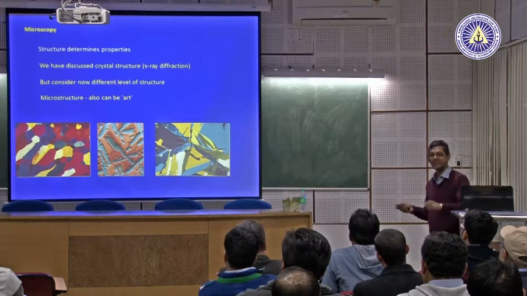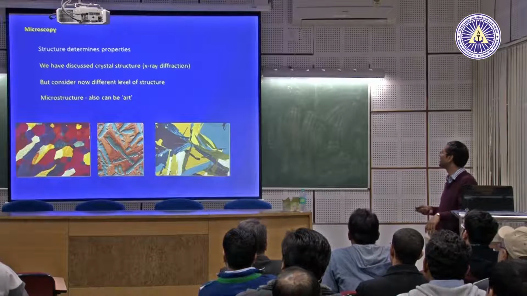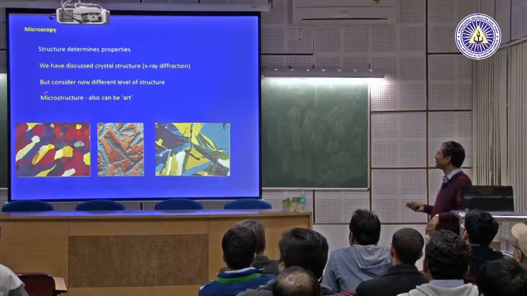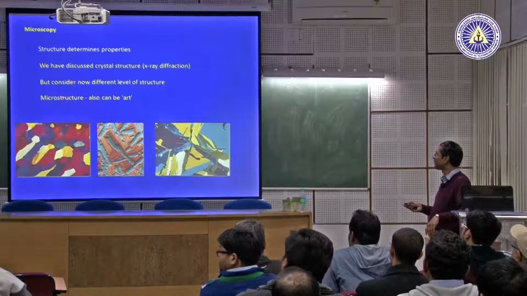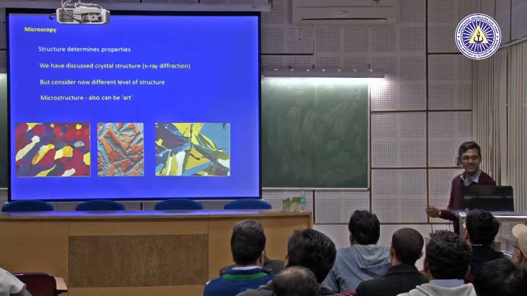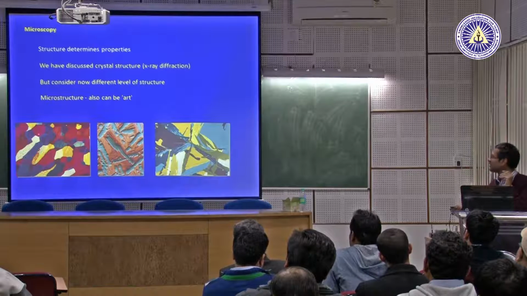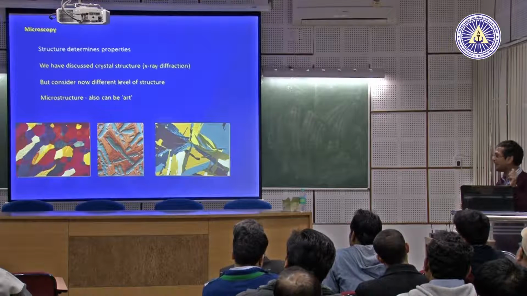Now we have many other things, color pictures, right? Look at this sentence: microstructure can be art. These are all art forms, and they are not generated by us, they are generated by the material. They are not artificially made.